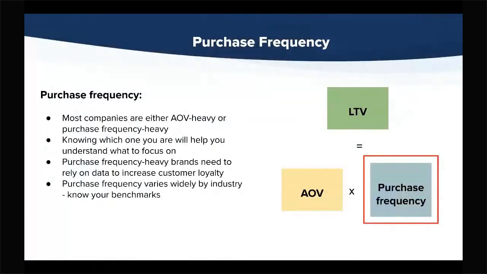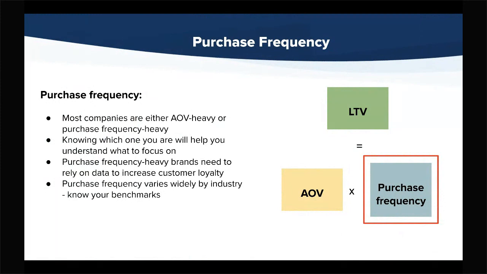So purchase frequency. What is purchase frequency? It's a pretty basic definition, but it's essentially how often are people buying from you? There are essentially two types of businesses: a company that is AOV heavy or purchase frequency heavy.